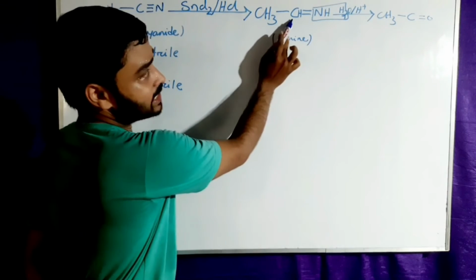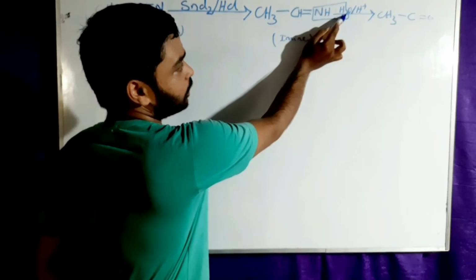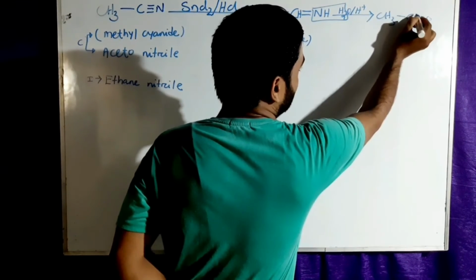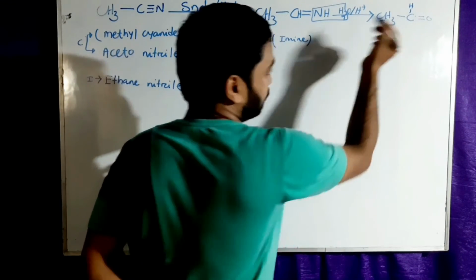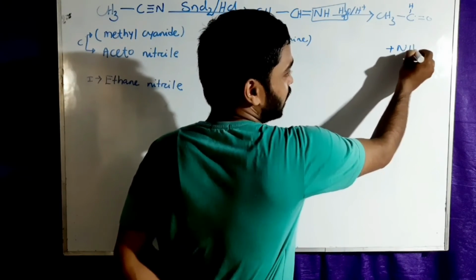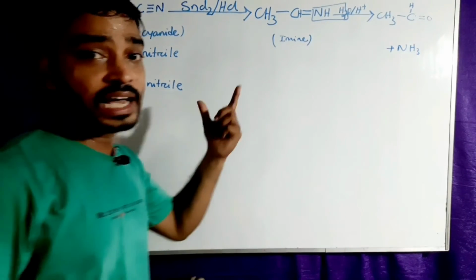Mark again that, this NH will combine with this hydrogen, NH3 will be released, and CH double bond O, that means C double bond OH. So this part is nothing but the functional group of aldehyde, and along with that the byproduct which is produced is ammonia, and it is the acetaldehyde, that is ethanal.